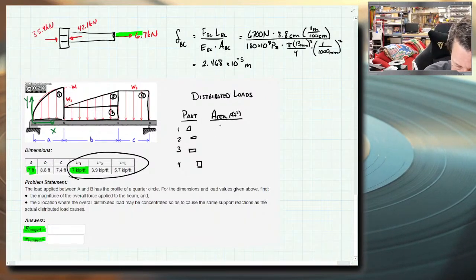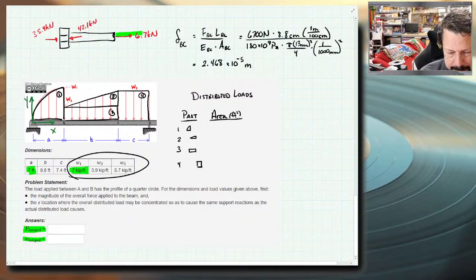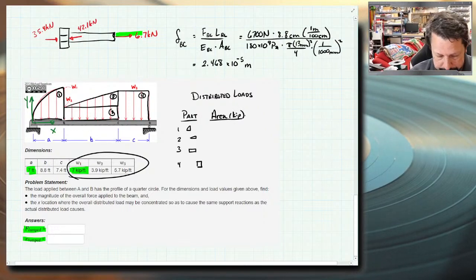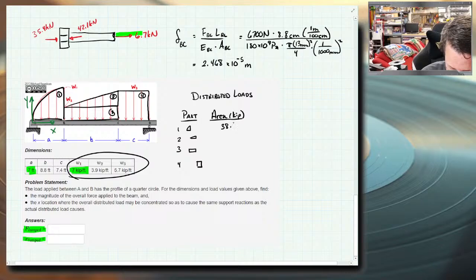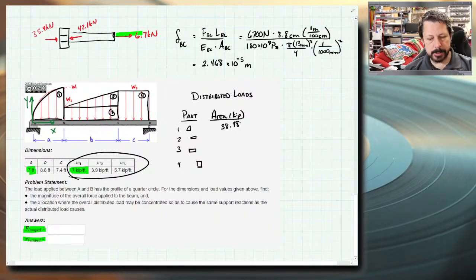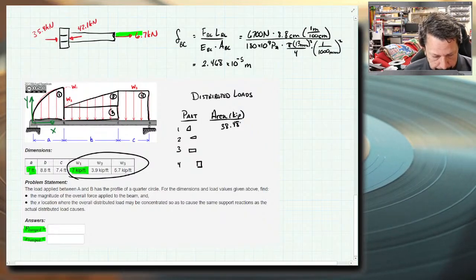The area is not actually feet squared: if I multiply 7 feet times 7 kips per foot, I get kips. So it's 38.48. In other words, this quarter circle represents a load of 38.48 kips.